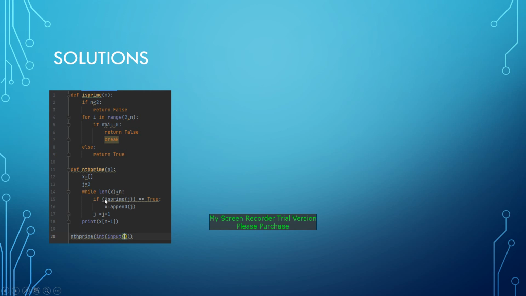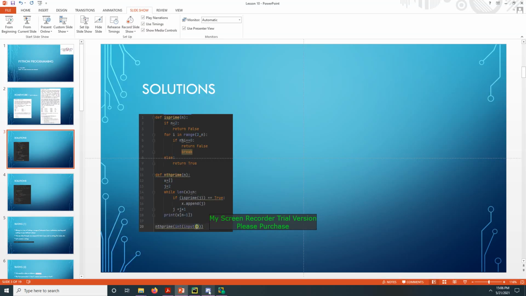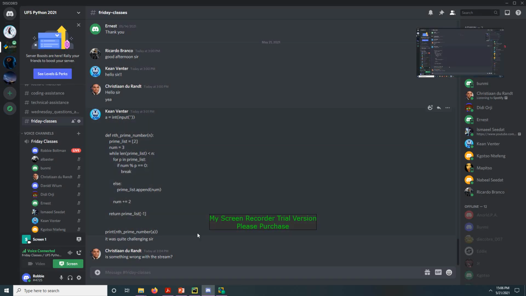Since our function returns either true or false, it is not necessary to compare it to true. But anyway, if this returns true, it means the number is a prime number. Then we add that number to our list of prime numbers, and we add 1 to j, and based on that we get the nth prime number.